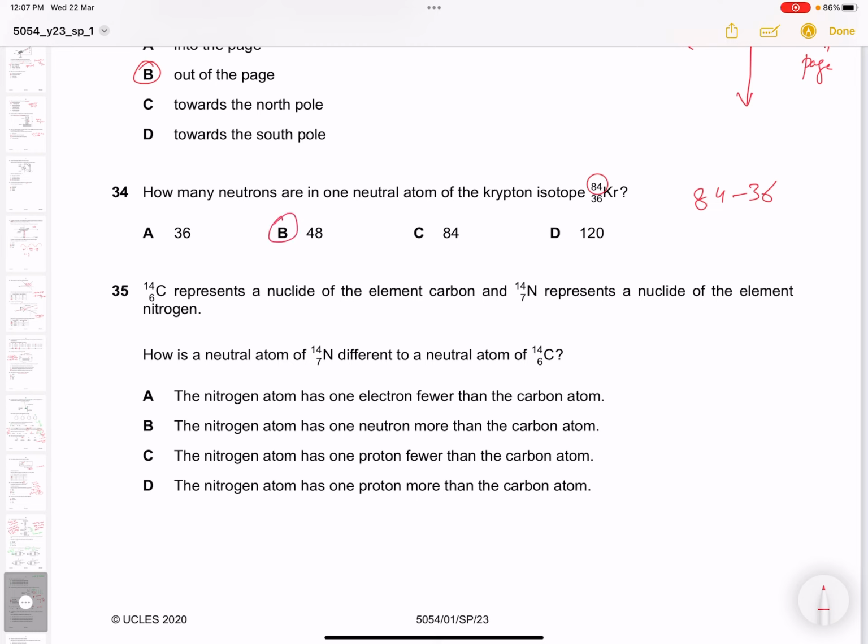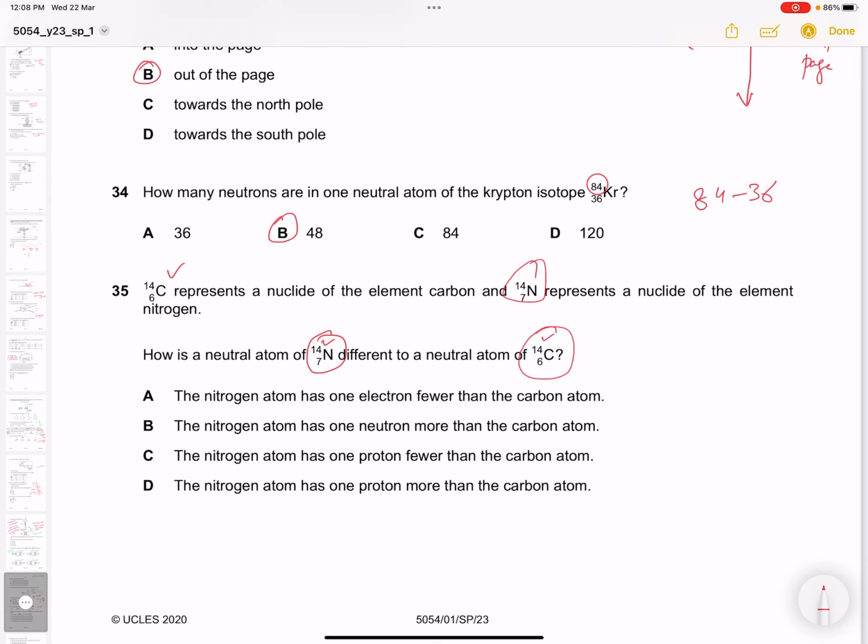Next question. Carbon-14 (6/14) represents a nuclide of the element carbon, and this nitrogen, 7/14, represents a nuclide of the element nitrogen. How does a neutral atom of nitrogen 7/14 differ from a neutral atom of C 6/14? We see that the nucleon number is the same in both.